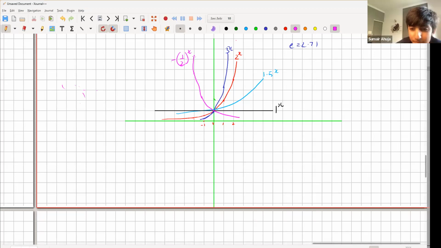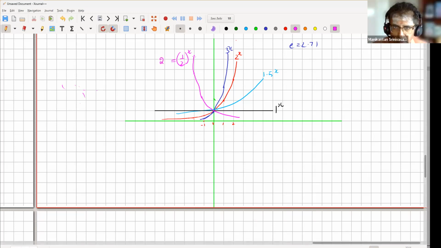So maybe that's what you meant. This is 2 power minus x. If I have f of x, then f of minus x is nothing but taking f of x and reflecting it over the y-axis. Have you done this concept? We'll do it again in more detail, transformation of functions, but this is a basic transformation.